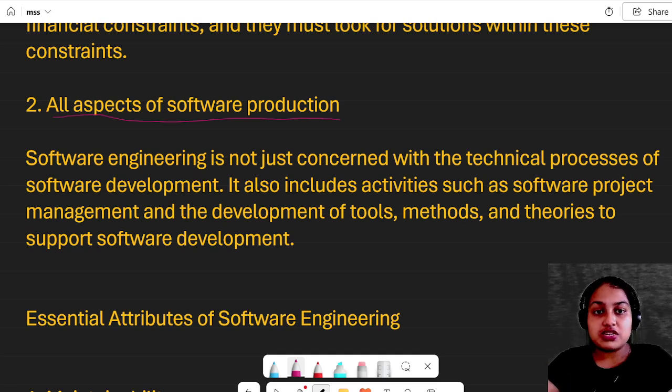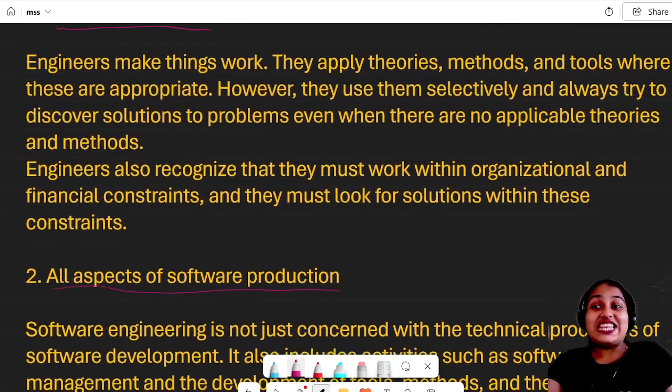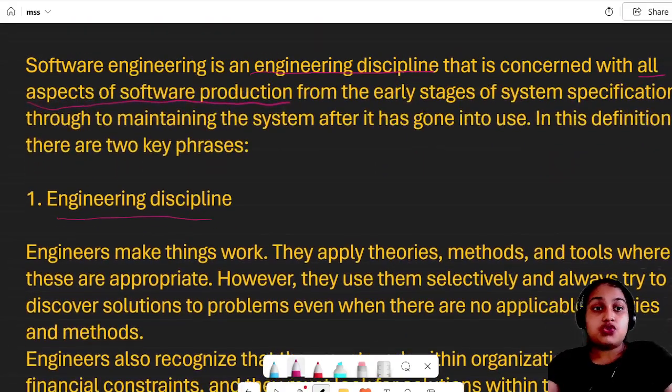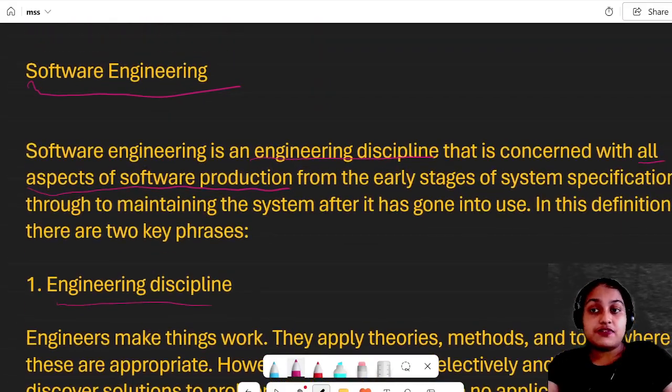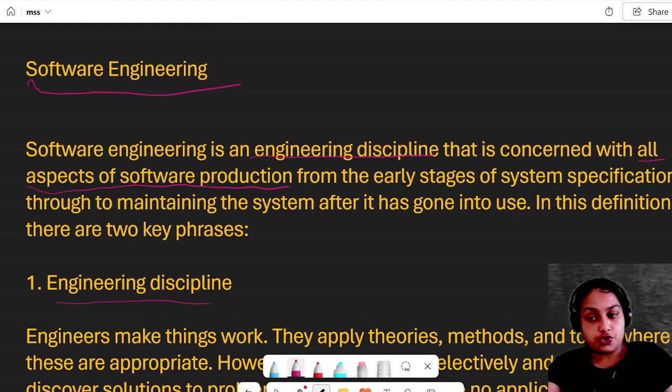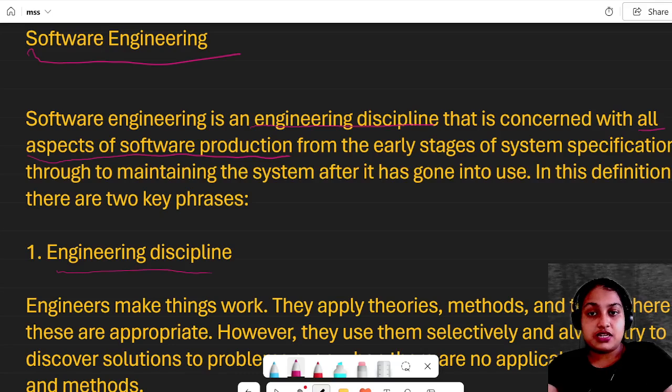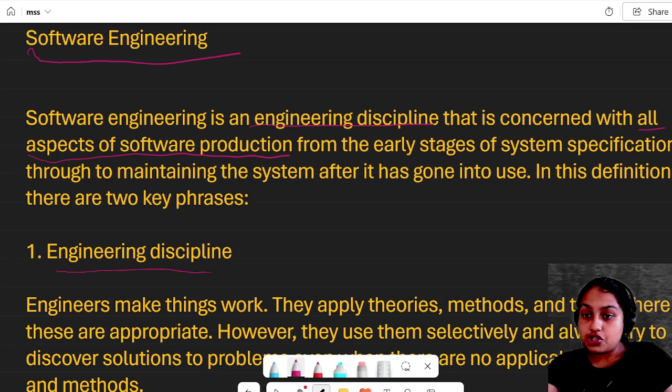These are the two very important phrases which we cannot avoid in the definition of software engineering: engineering discipline should be there, and also all aspects of software production.